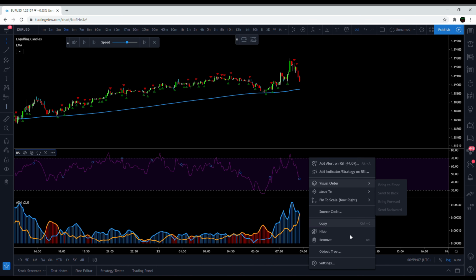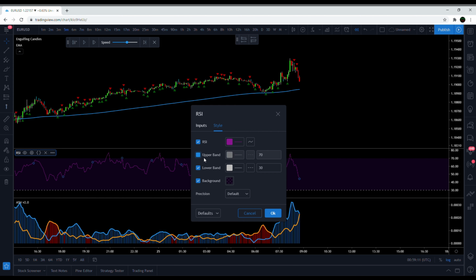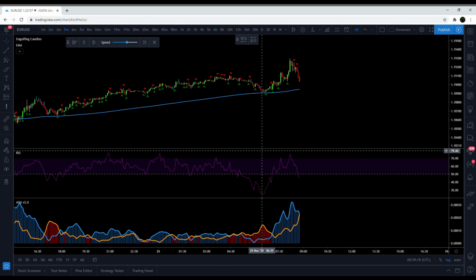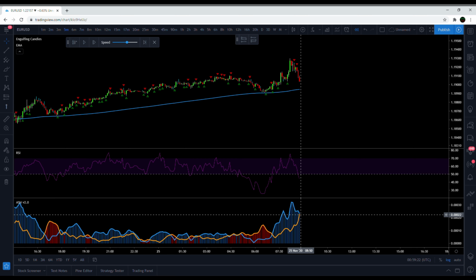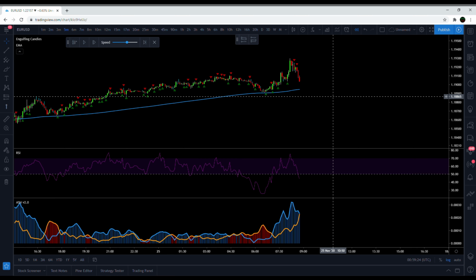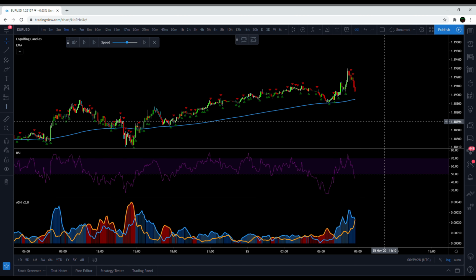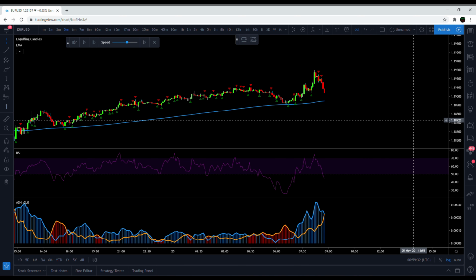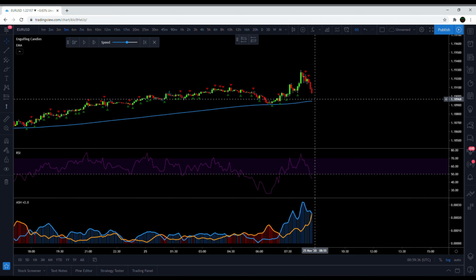So I'm going to go in here and change the setting. I'm just going to get rid of the 70, change this to a 50. It's just how I like it. So right now, we are probably about to get a red flip on this absolute strength histogram. Let's start out here. I'm going to be looking for hidden bullish divergence. So I'm going to compare this low, which is here, to this low coming down.